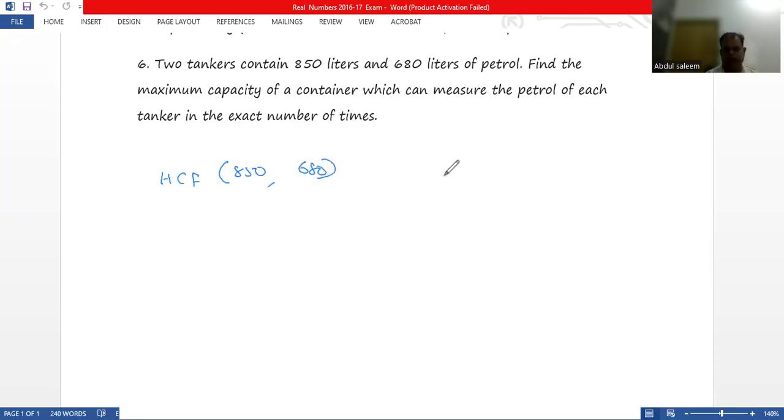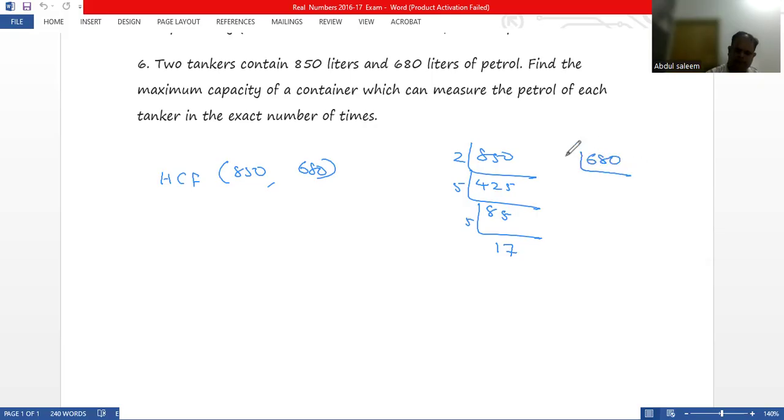So 850, if you divide with 2, it is 425. Then it is divisible with 5, giving 85. Then again divisible with 5, giving 17. Then 680 is divisible with 2, giving 340.